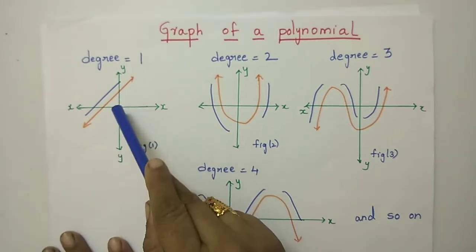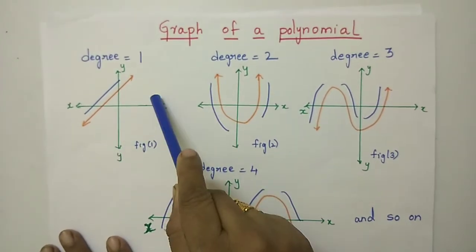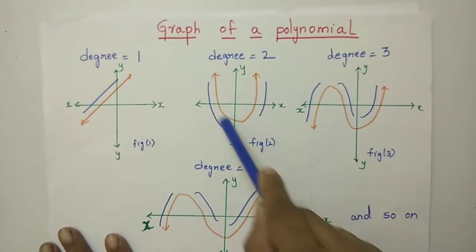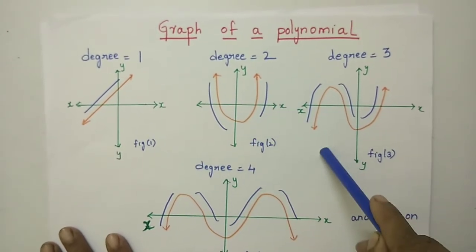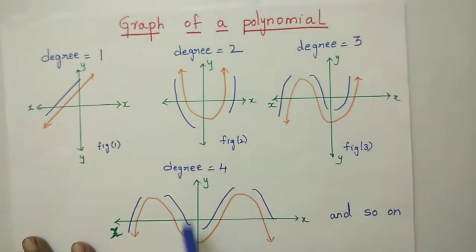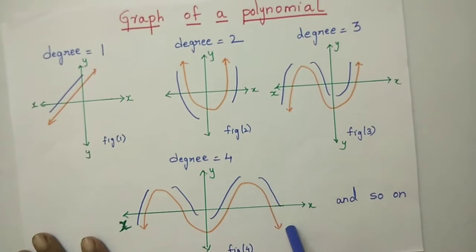For a polynomial of degree 1, the line is in one direction. For a polynomial of degree 2, the line is in two directions. For degree 3, three directions. For degree 4, four directions.